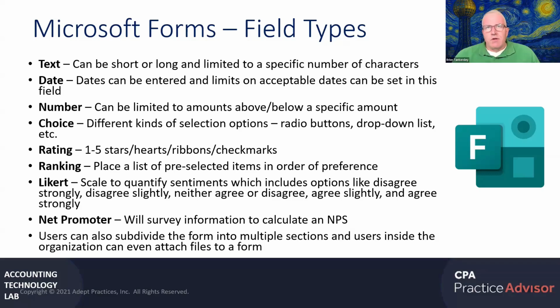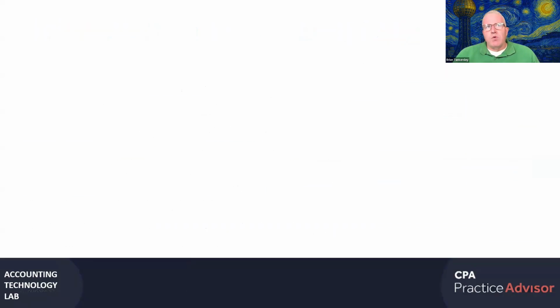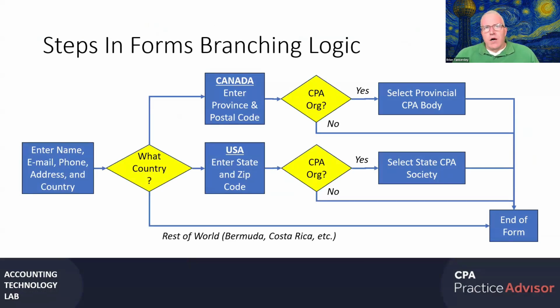Yeah. Now, don't think that you can't do sophisticated things with them, though, because if you look at the branching logic in here, if you have a question that's a choice, in particular a multiple choice question, you can have different paths going forward. So here is an example of a form that I created where K2 teaches CPE across the US and Canada.